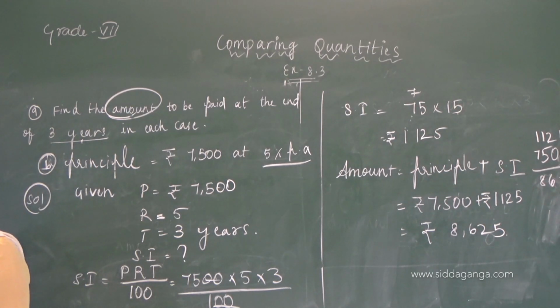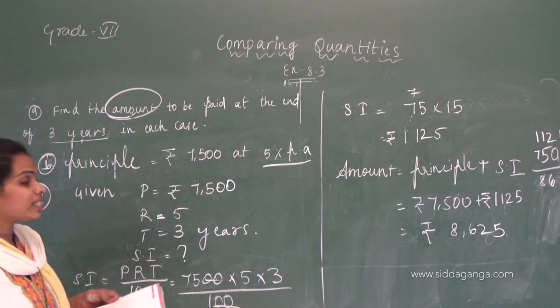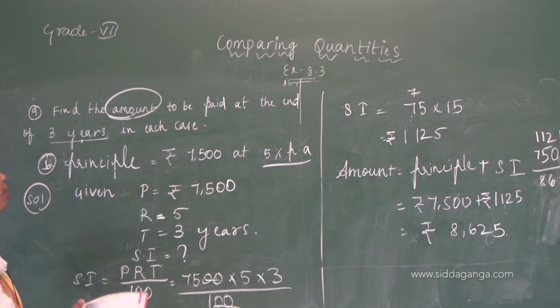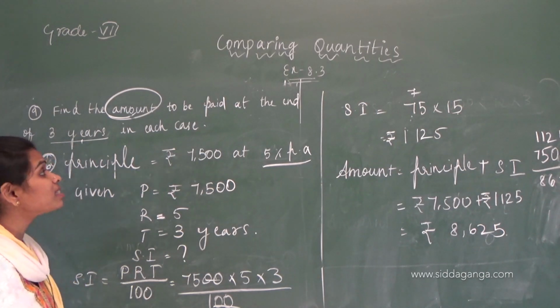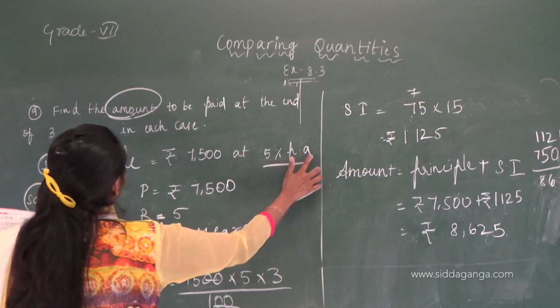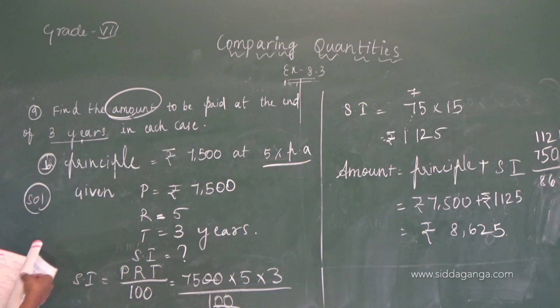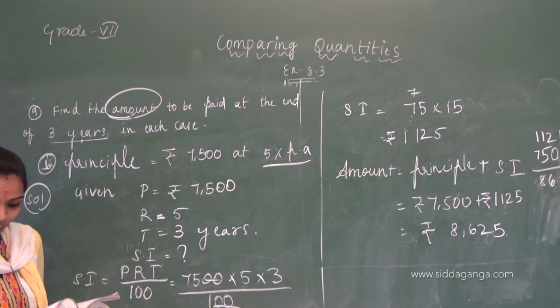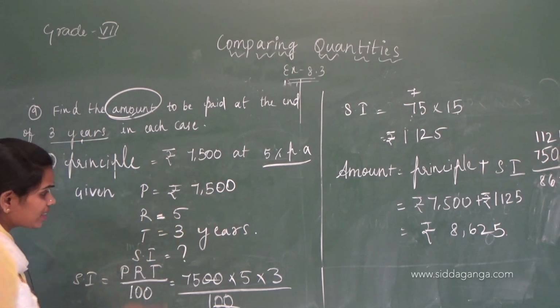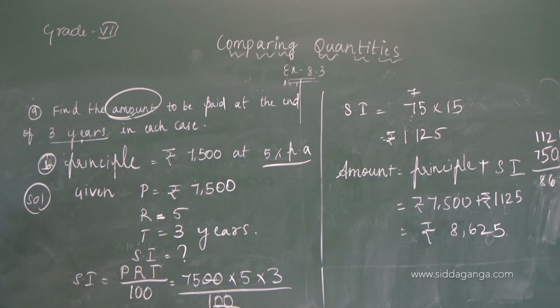8,625. In this question, we just wrote what they are giving. They are asking us to find the amount. The principal amount is 7,500 at 5% per annum. Whatever they have given, we write it all: P 7,500, R 5, T 3 years.